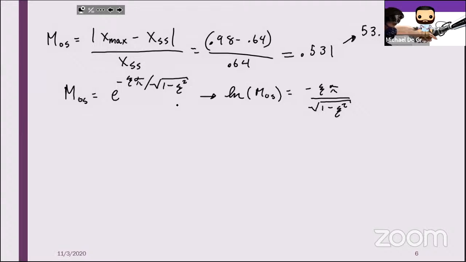I can plug in for the maximum overshoot. I know what pi is. I can solve this for zeta. And this is going to give me a zeta of 0.198.